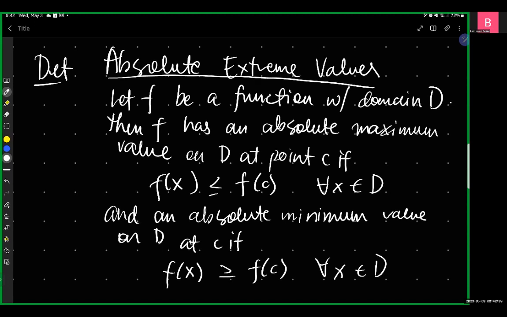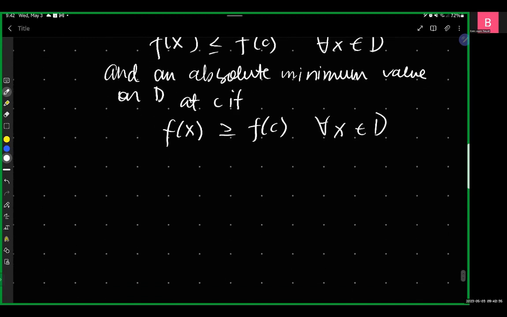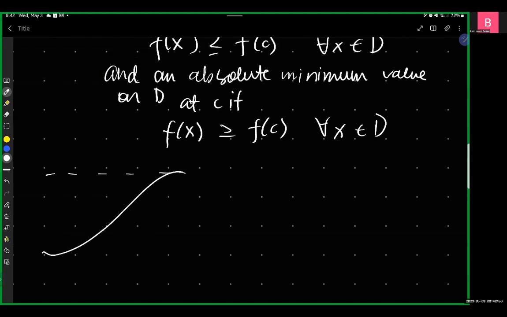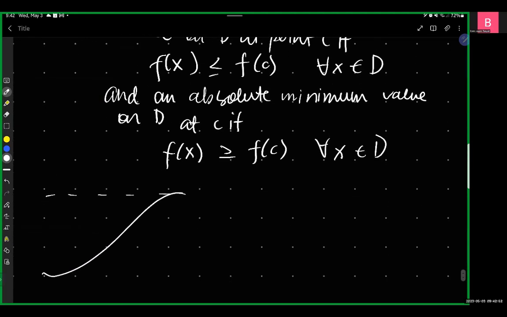As you can see, it seems difficult, as if you cannot understand it. But this is just the definition of absolute extreme values. So visualizing these things, a maximum is simply, as we mentioned before, the highest point. For example, this is c, and this is your f of x.